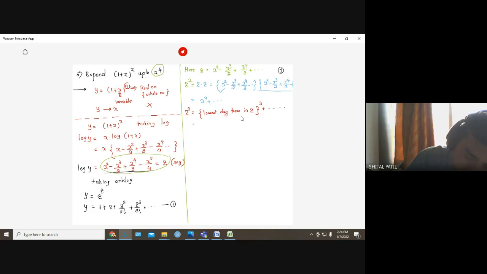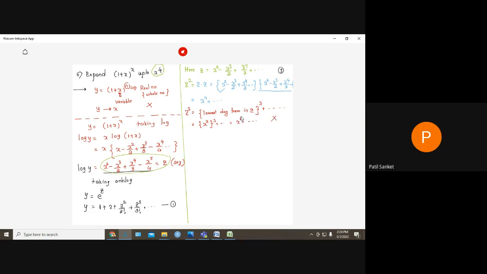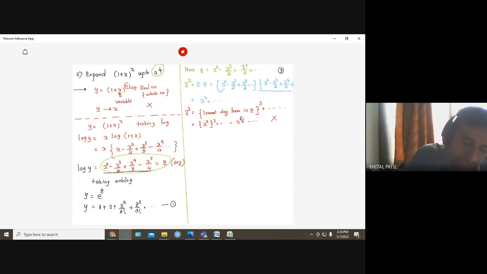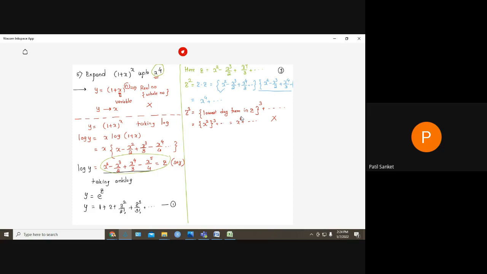So is it required? No. Why? Since again our aim is to find expansion up to x raised to 4 only. Hope everyone is getting this. Yes, sir. Very good.